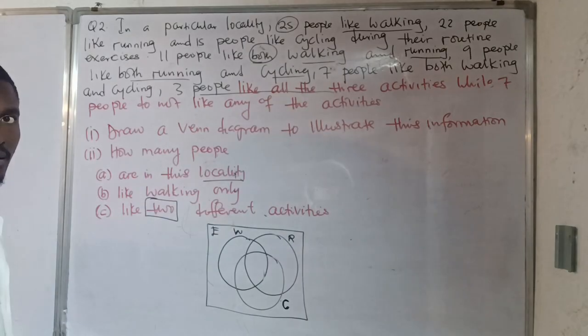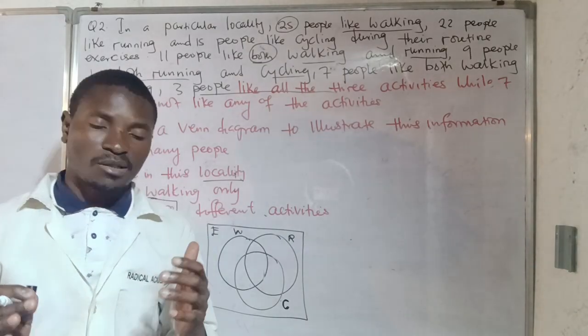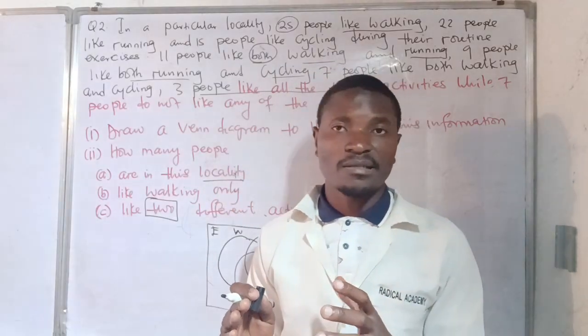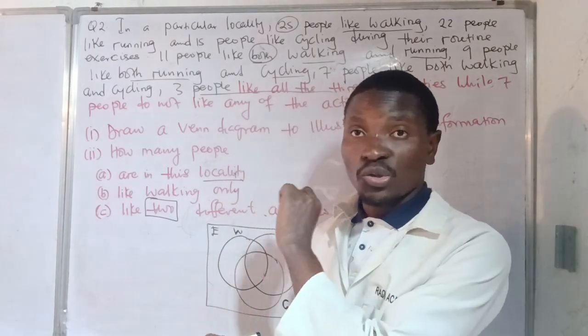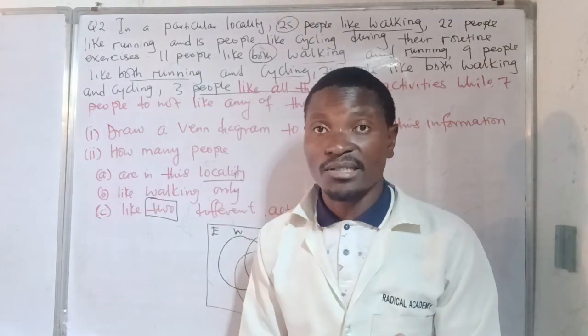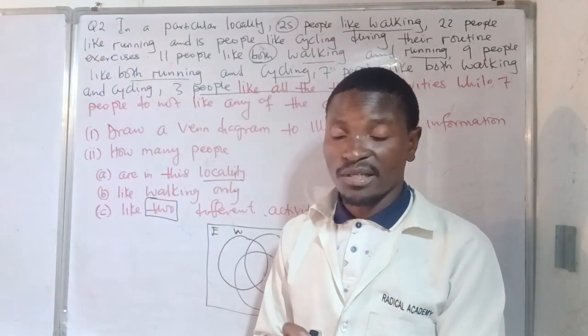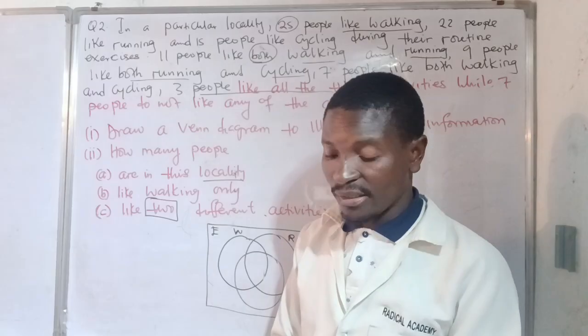Now, when it comes to this question, the most important thing to understand is that we have to look for the number that is intersecting on the 3 activities, walking, cycling, and running.